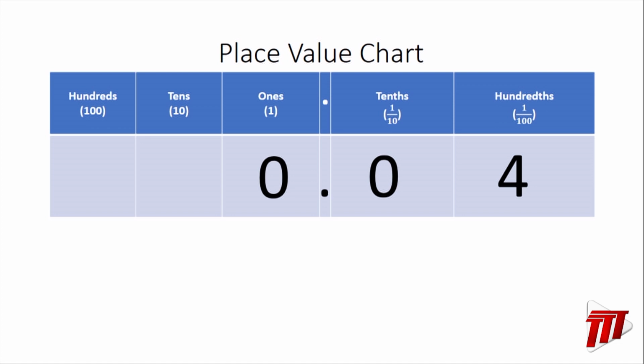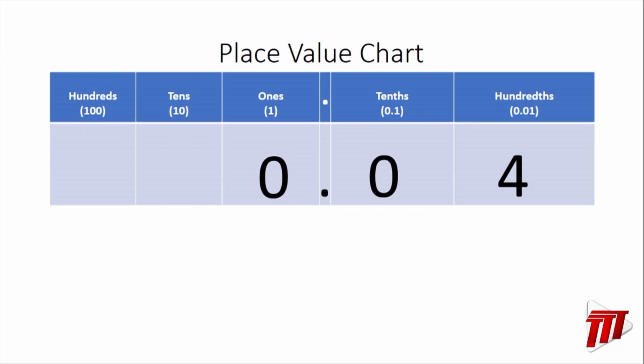Our hundredths is depicted there as a common fraction. So we can determine the value of our 4 by multiplying 4 by 1/100, and that gives 4/100, expressed here as a common fraction. The same information can be represented if we express our tenths and hundredths in decimal notation.